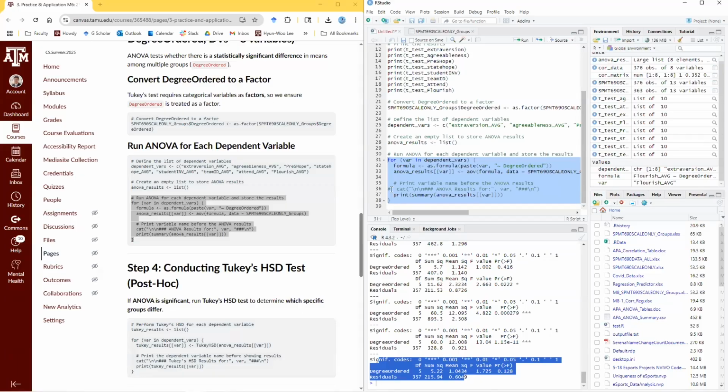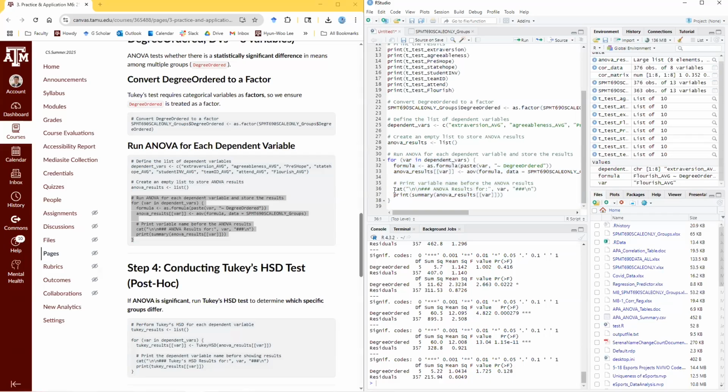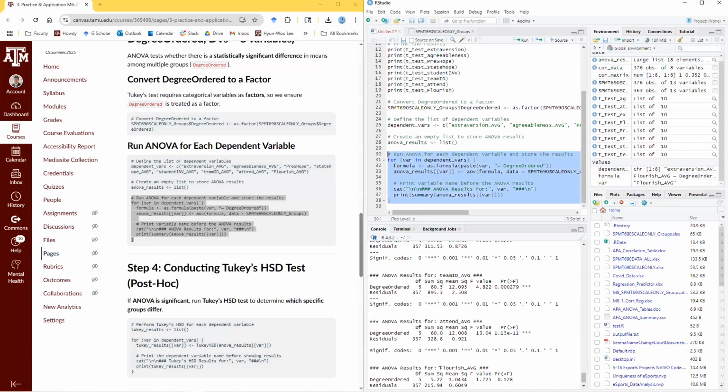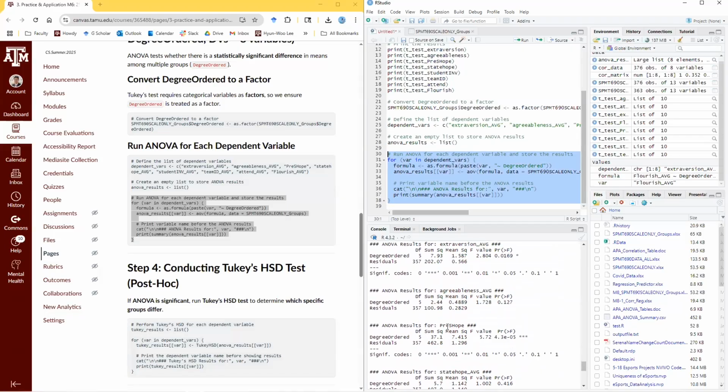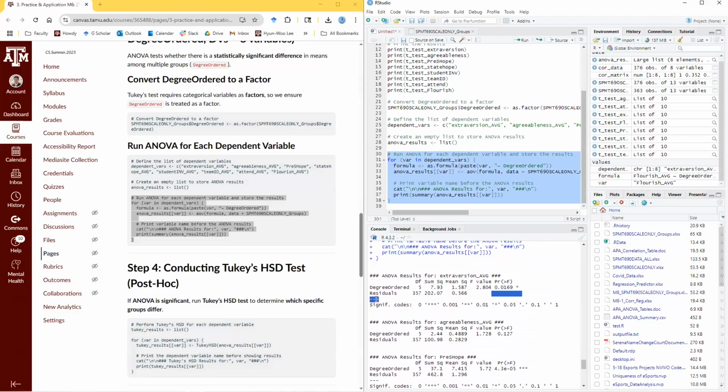So it's very inconvenient. So that's why I included this command to show the variable name before each table. So if I run it with this command, it shows me which variable it ran for each table. It's showing which variable's mean difference test is for each table, right?